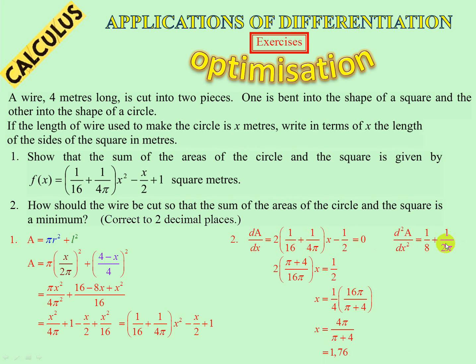Second derivative, there it is. Well, look, it's always positive, both constants in the second derivative. Therefore, minimum. So the circle should be 1.76 meters, and the square is 4 minus that, 2.24 meters used for the square.